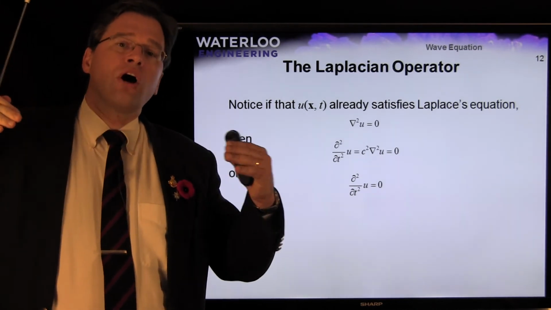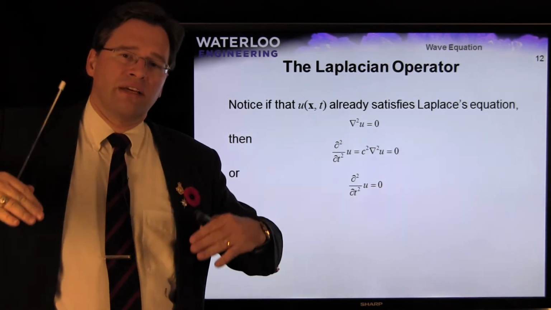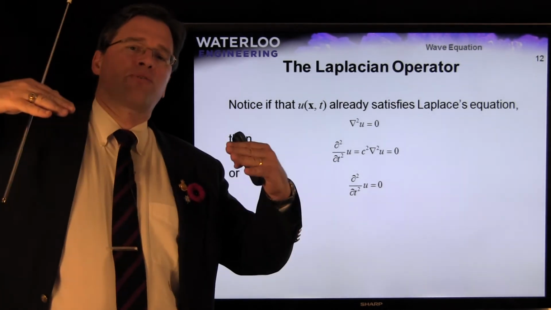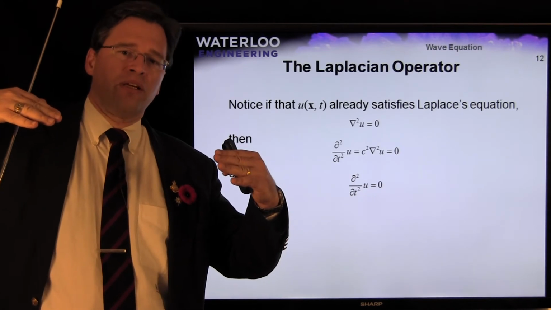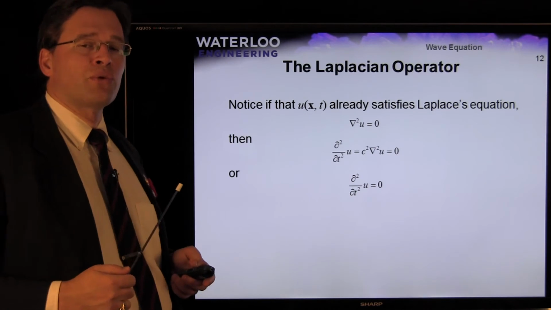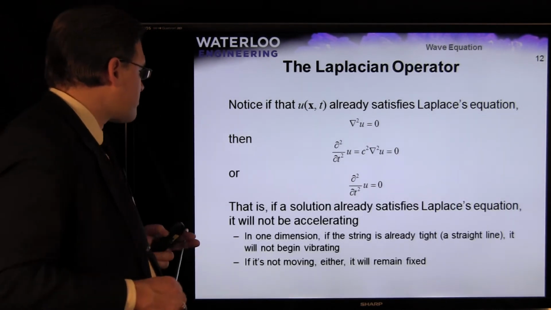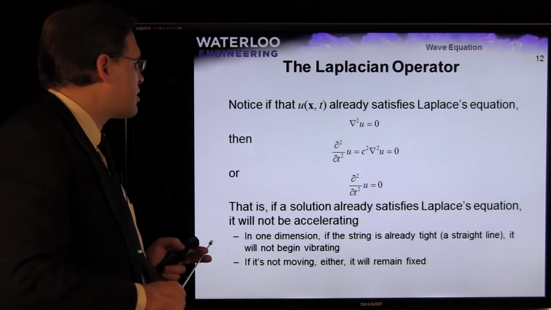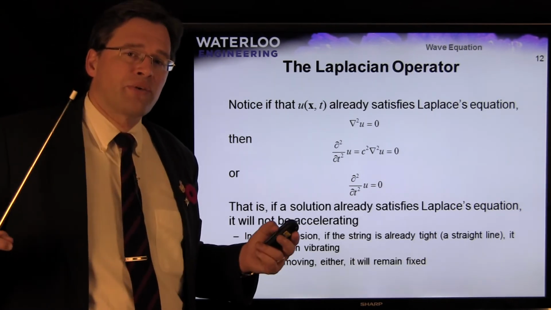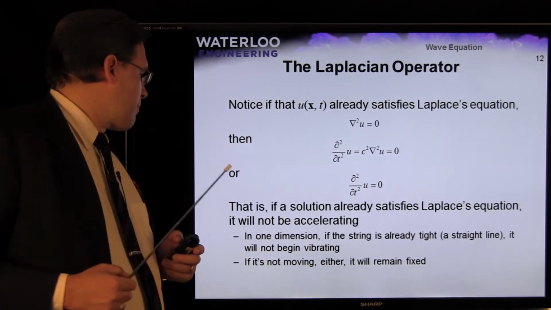Now, if it is not moving, then it will remain fixed. If it is moving, say for example as the string passes through the solution to Laplace's equation, then it will just continue moving at the same speed without any acceleration or deceleration. Therefore, in one dimension, if the string is already tight and it is not moving, it will not begin vibrating.